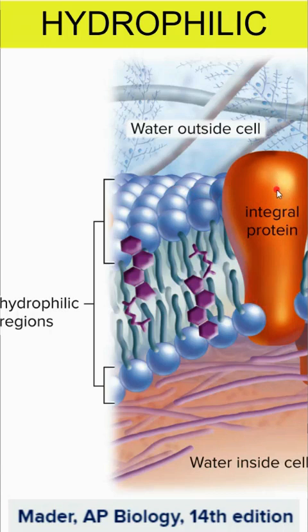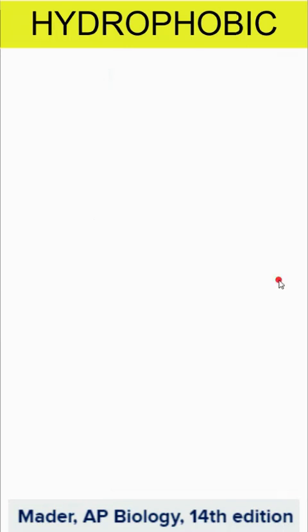A protein may consist of hundreds of amino acids, and in that tertiary structure, the R groups of the amino acids that are nonpolar are going to orient themselves towards this internal region, whereas the charged or polar R groups are going to interact and orient themselves towards the hydrophilic region. So proteins are also hydrophilic and hydrophobic.